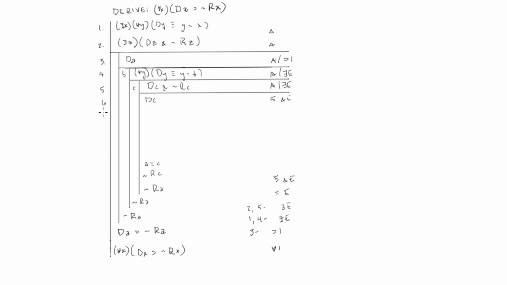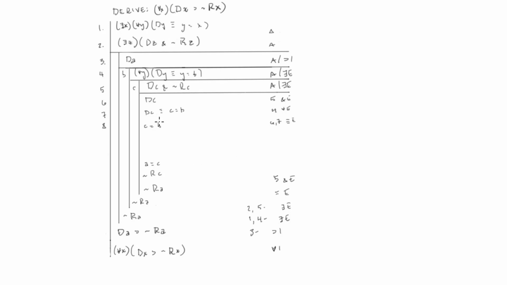And then I'm going to go up to line 4, and I'm going to instantiate it on line 7, and I'm going to use the name C. So DC ≡ C = B. That comes from line 4, universal elimination. And then on line 8, that gives me C = B, doesn't it? C = B, and that comes from 6 and 7, biconditional elimination.